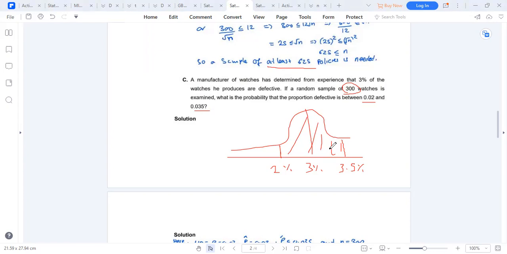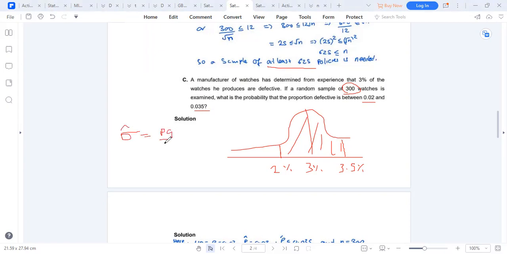Yes. All right. So in this case, we're going to now standardize. So our standard error, our standard deviation is what?